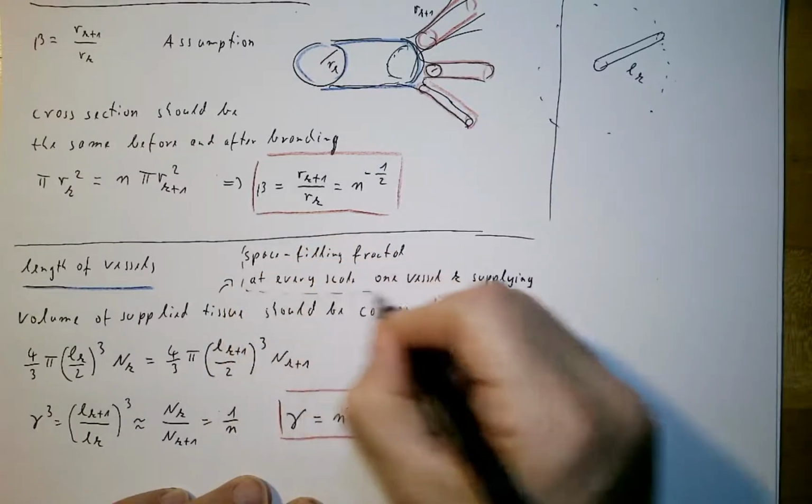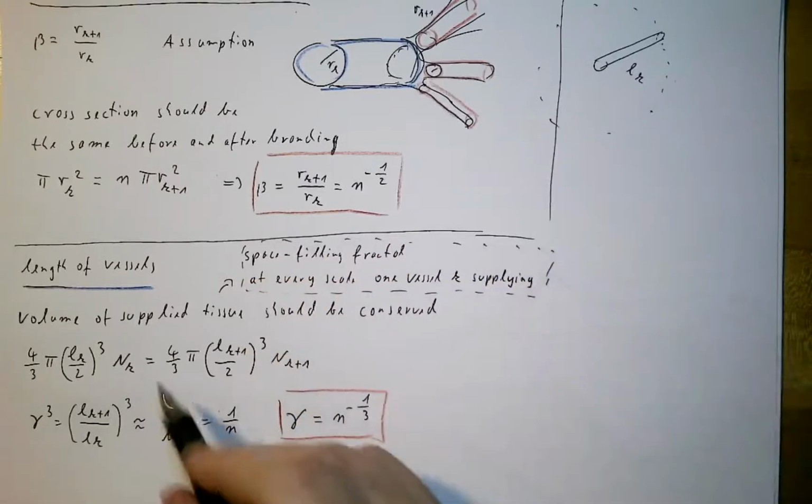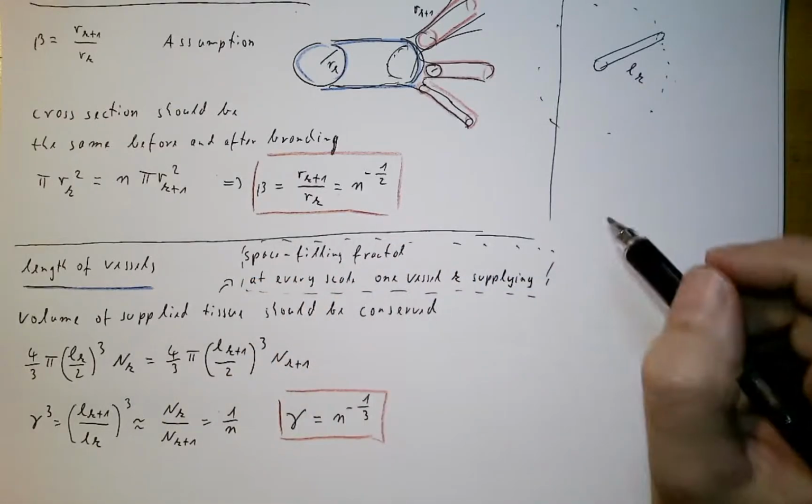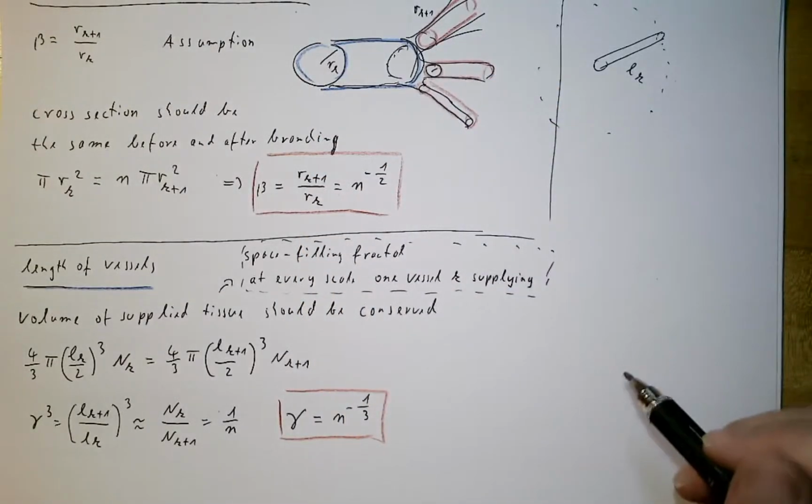Maybe some hints what the idea is behind this assumption, because this was for me not so intuitive, like this conservation of the cross area.